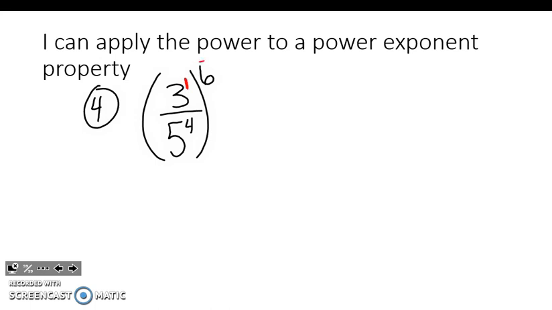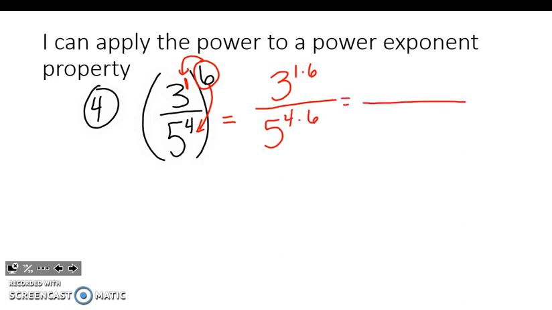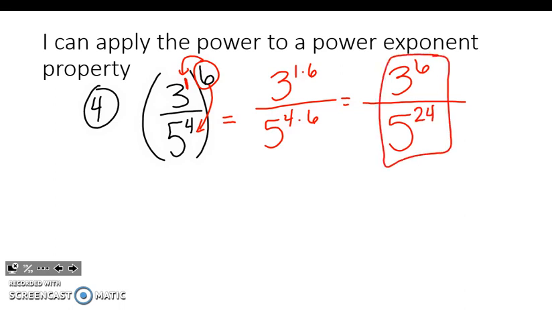Okay, and then I'm going to take this 6 on the outside and distribute it times every exponent on the inside. So I'm going to have 3, 1 times 6 over 5, 4 times 6. So I get 3 to the 6th over 5 to the 24th. So this is my final answer.